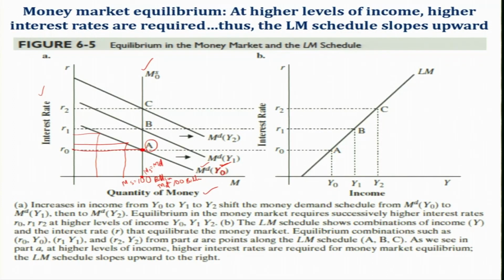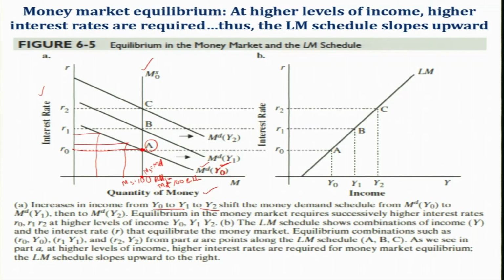Now, assume that there is an increase in income from y naught to y1, then further from y1 to y2. Suppose there is an increase in income from y naught to y1. What we have discussed in our session is that an increase in income leads to an increase in the transaction demand for money.